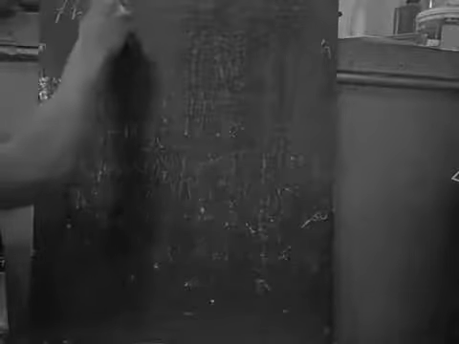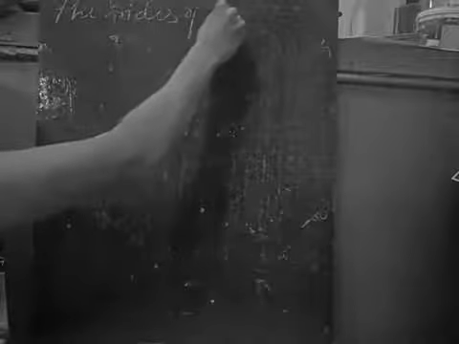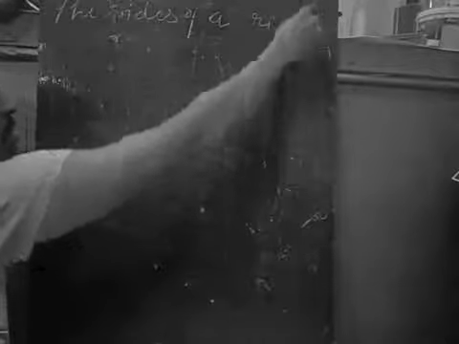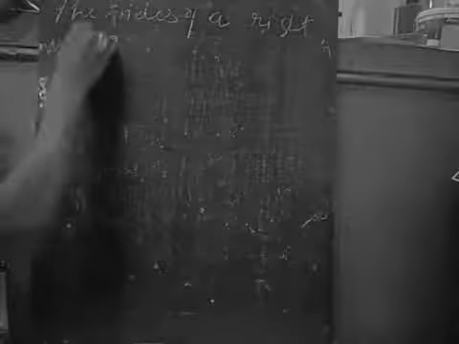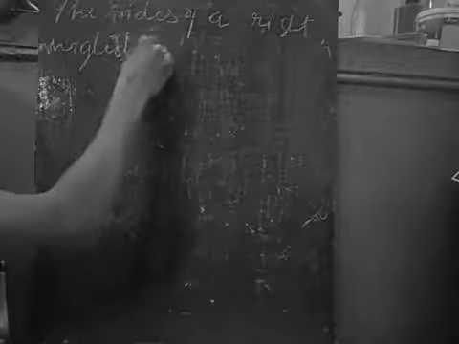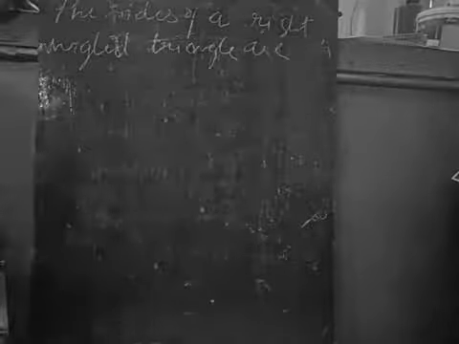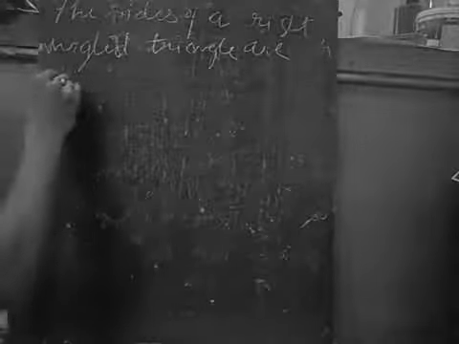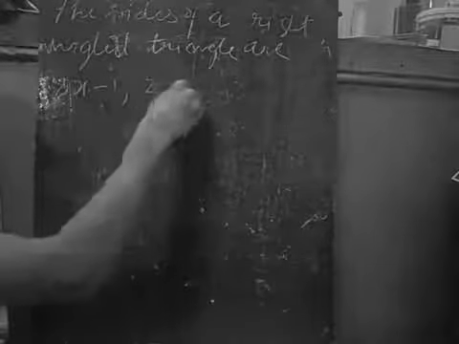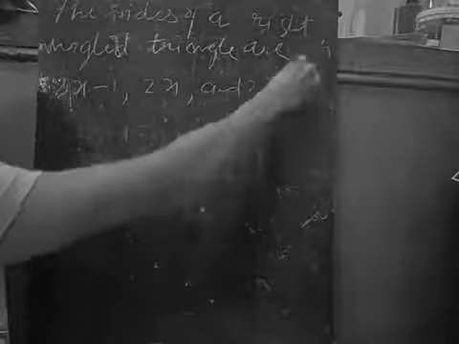The sides of a right angle triangle are 2x minus 1, 2x and 2x plus 1.